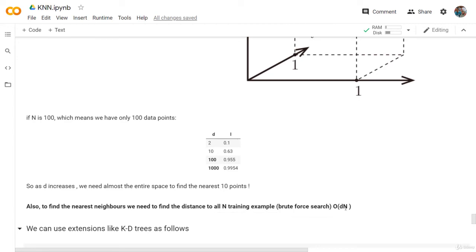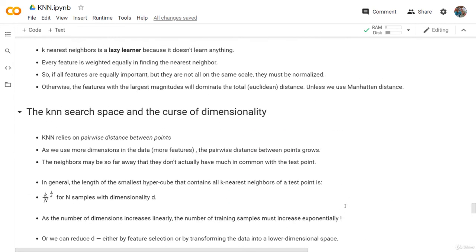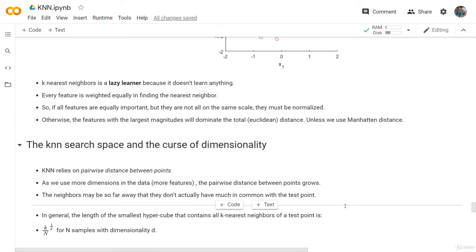So it will take O(nd). In order to find the nearest neighbors, we need to go over d dimensions, and for each dimension, we need to go over the n samples. So this is brute force search. This is the curse of dimensionality and the search space.